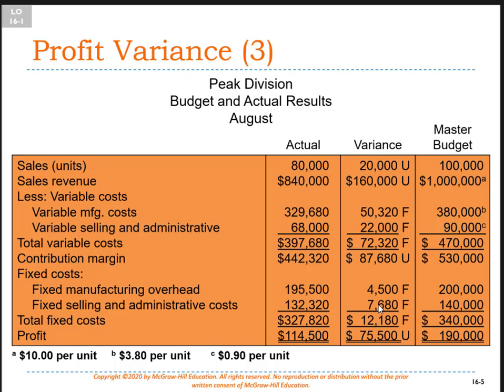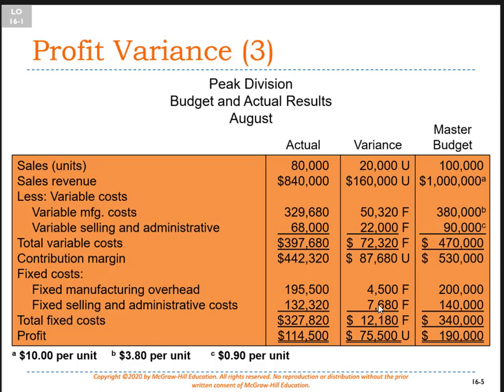We need to use a flexible budget to determine that, because here it really becomes hard to say whether or not our variable manufacturing costs are good or not. What would we have expected our variable manufacturing costs to be if we had planned to make 80,000 instead of 100,000?